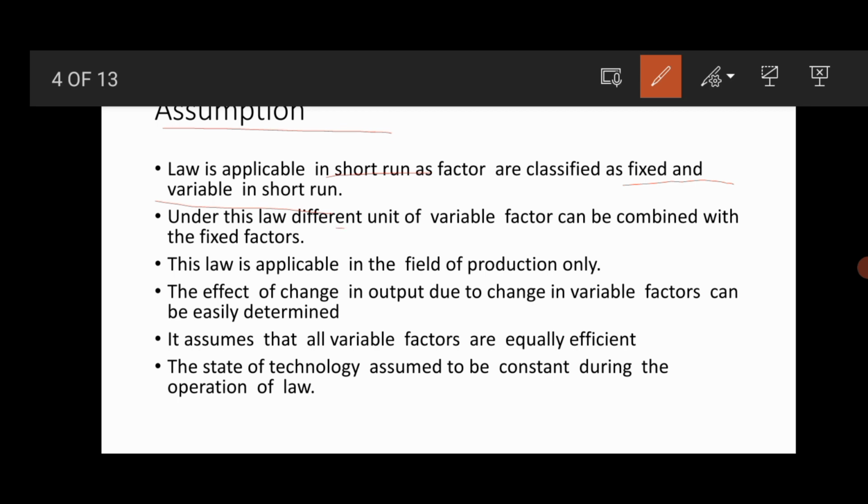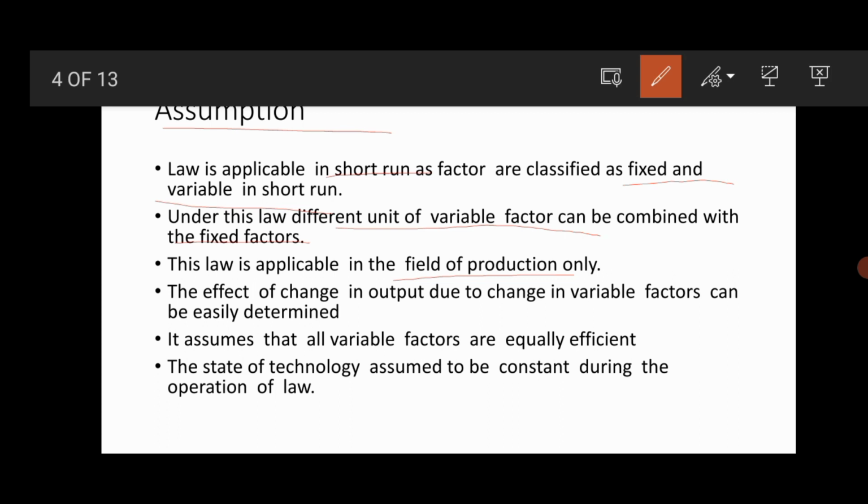Under this law, different units of variable factors can be combined with the fixed factors. The law is applicable in the field of production only.